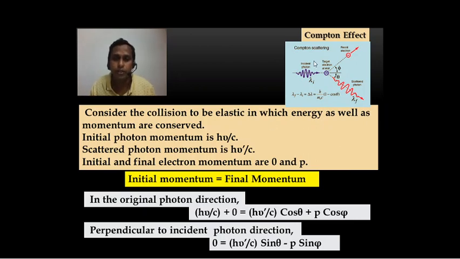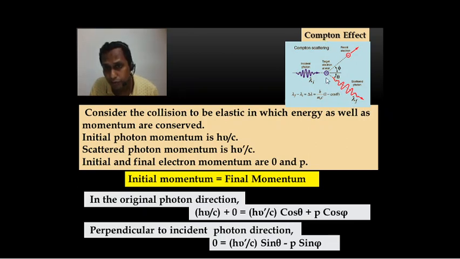Now coming to the momentum conservation perpendicular to the incident photon direction. Perpendicular means you can see the cursor movement perpendicular to the incident photon direction. In this direction, the incident photon momentum is 0, the electron momentum is also 0, so we can write 0 plus 0, that is 0. Then the scattered photon momentum is h nu prime by c.